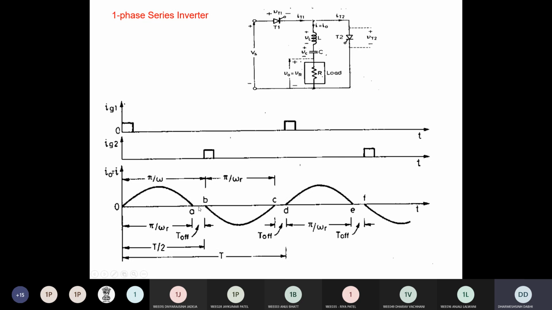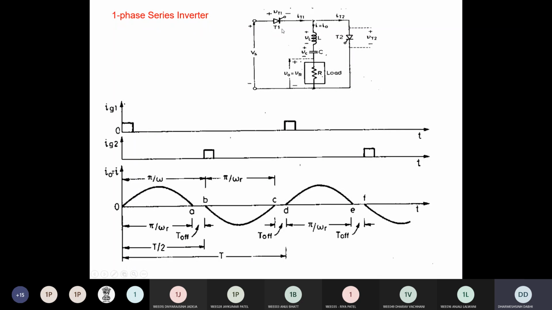It means your thyristor will completely regain its forward blocking capacity because it has sufficient time, 3 milliseconds. Its rating is 2 milliseconds turn off time, and you provide 3 milliseconds. But suppose the time between A and B is 1 millisecond and the thyristor turn off time is 2 milliseconds. What will happen? Your thyristor will not completely turn off.